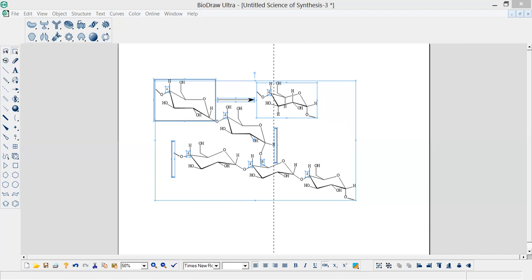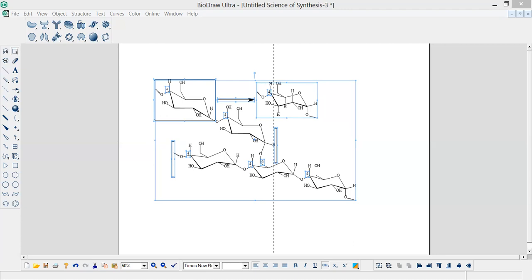This is the structure of the peptidoglycan layer in bacteria. It is an alternating structure of N-acetyl glucosamine and N-acetyl muramic acid sugars, which makes the polysaccharide layer.